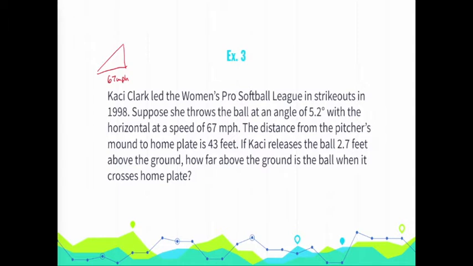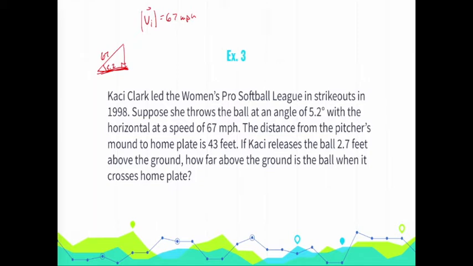She's starting up 2.7 feet instead of starting on the ground. And we have an angle of 5.2 here. The thing is that we know the 67 is the initial velocity. I misread that as being the horizontal speed, but it's just the initial velocity. So exactly the same as before, right? So the magnitude of RVI is 67 miles per hour.